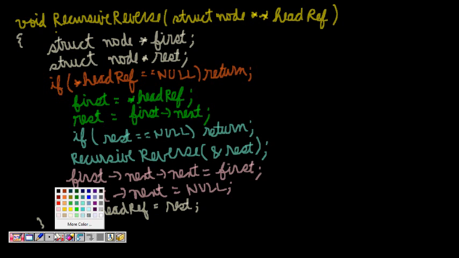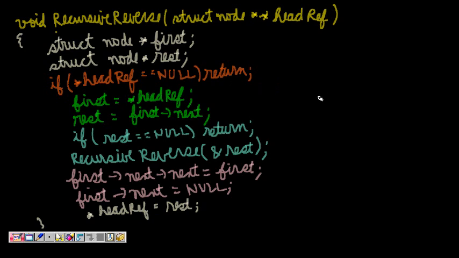So we have recursive reverse, and I pass the head pointer of the linked list. I make first, that is the first part of the linked list, and the rest part. If head reference is equal to null, then I return, because there is no node left.